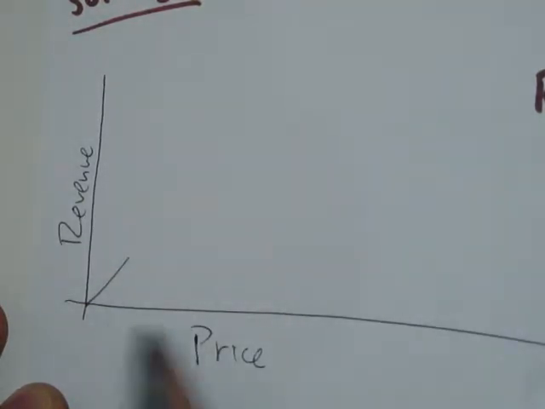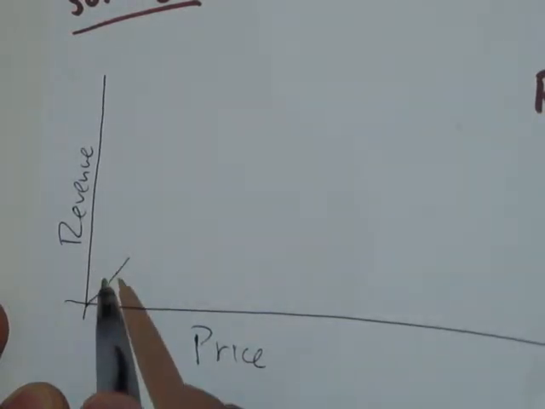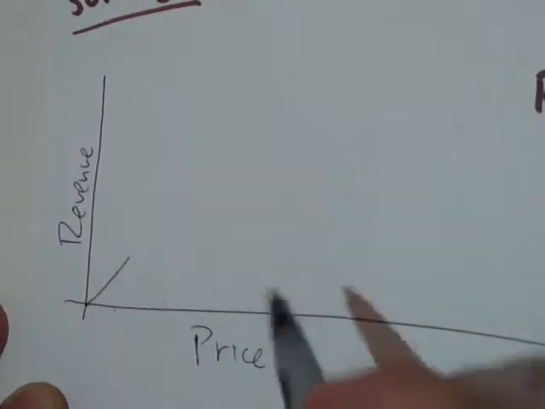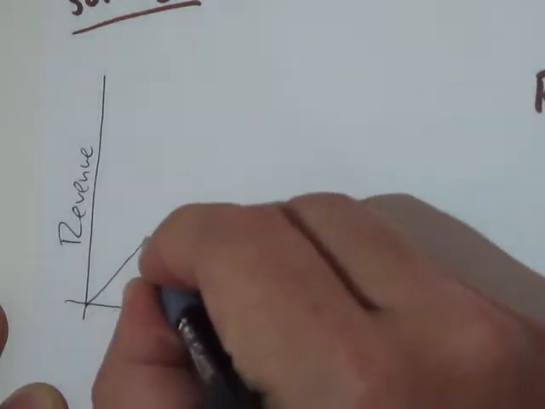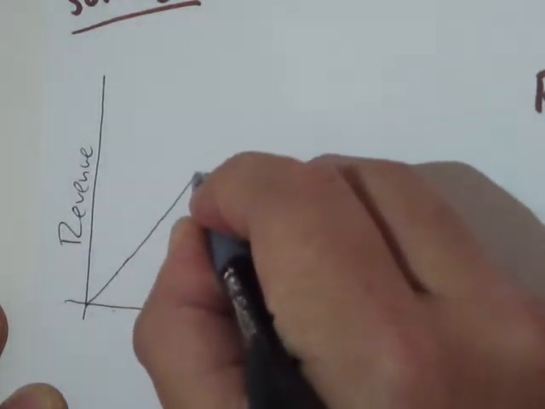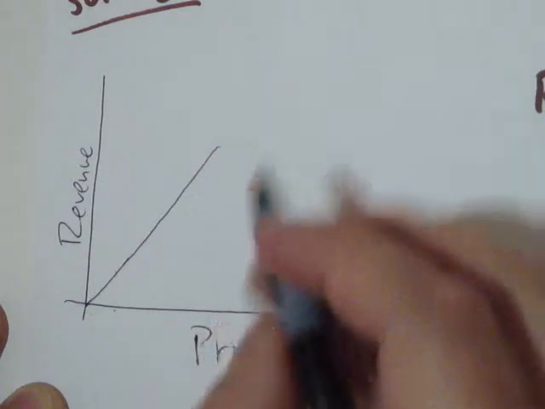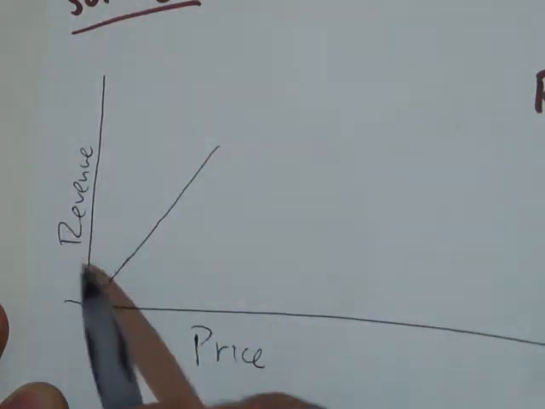Where X is the price, so here they're charging like $5 for this lawnmower. Well, that means they lose a whole bunch of money each time they sell one. So even if they sell lots of them, at the end of the day they're not going to make all that much money. The more they charge for it, though, if they end up charging a whole bunch of money for it, they're going to make a whole bunch more money.